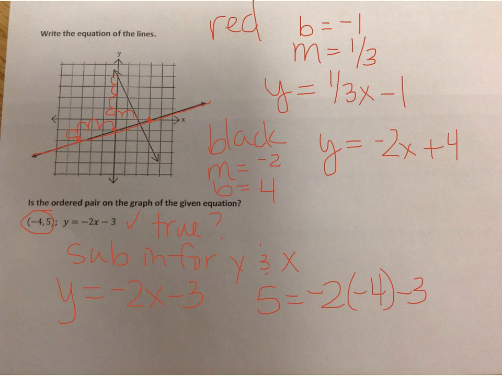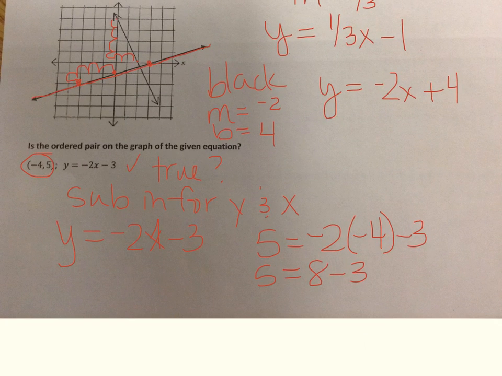Well, negative 2 times negative 4 is 8, and 8 minus 3 is 5, and 5 does equal 5. So this is true, so the answer is yes.